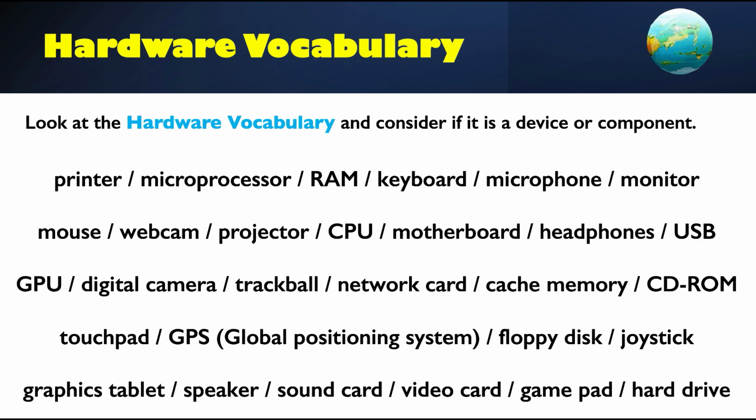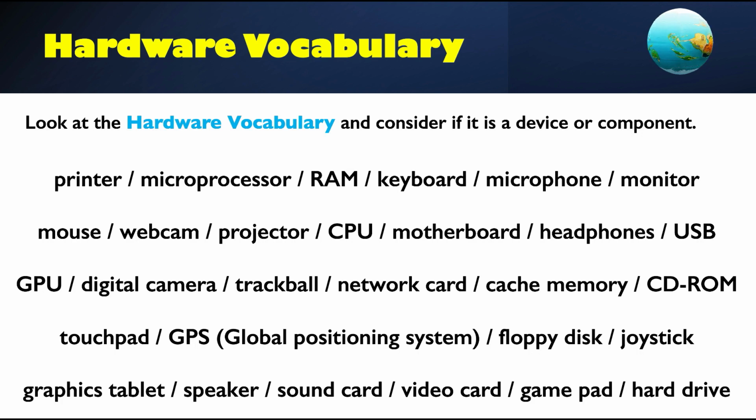So we've got printer, microprocessor, RAM, keyboard, microphone, monitor, mouse, webcam, projector, CPU, motherboard, headphones, USB or USB stick, GPU, digital camera, trackball, network card, cache memory, CD-ROM, touchpad, GPS, global positioning system, floppy disk, joystick, graphics tablet, speaker, sound card, video card, gamepad, hard drive.